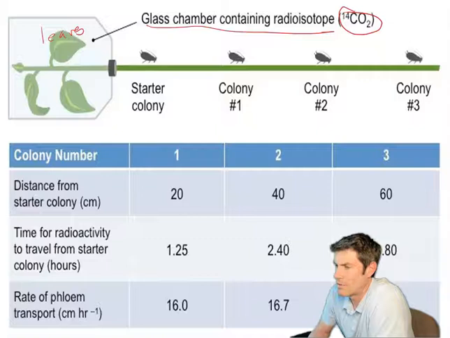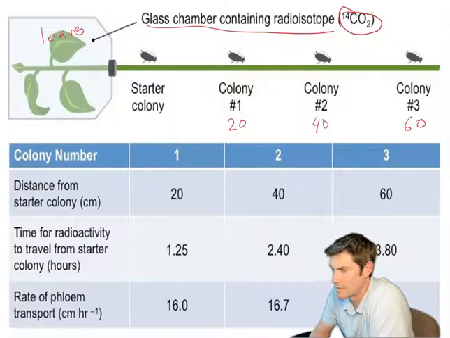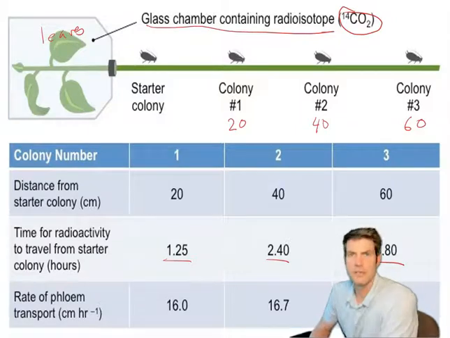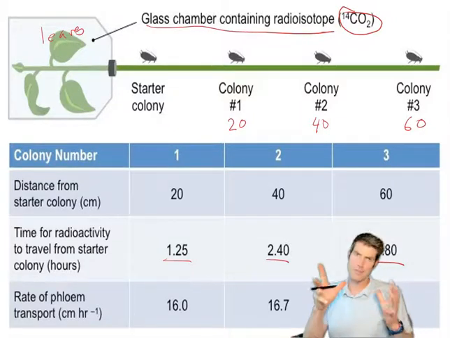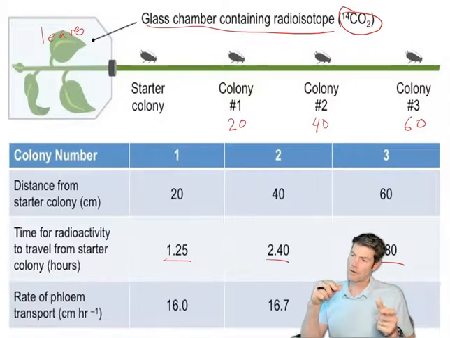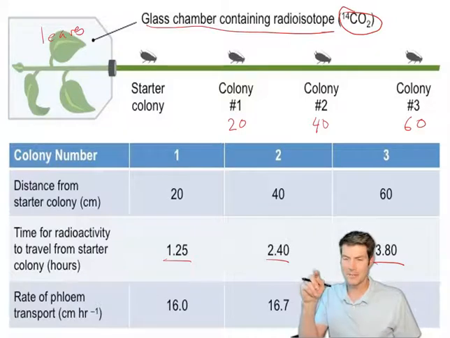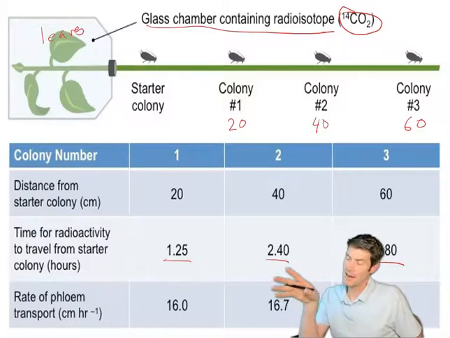But colony 1 is about 20 centimeters away, colony number 2 is 40 centimeters, and the third one is 60 centimeters. They started to expose the plant to radioactive carbon dioxide and measured how long it took for radioactively labeled carbon dioxide to be detected in that area.